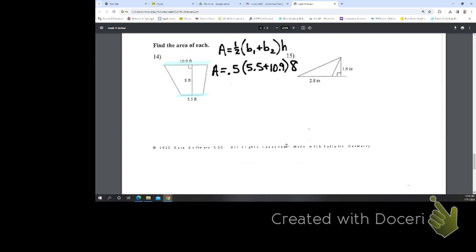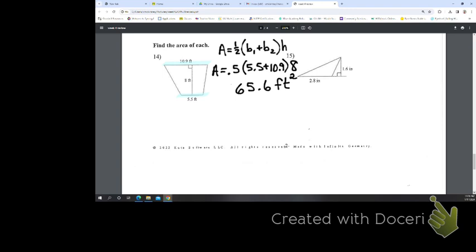I would encourage you to at least show me how you set it up so that if anything goes wrong, I can see what you started with. 65.6. Yes, good, me too. 65.6. And please give it a label. So this is feet, so it's area, so it's square feet. So 65.6 square feet.